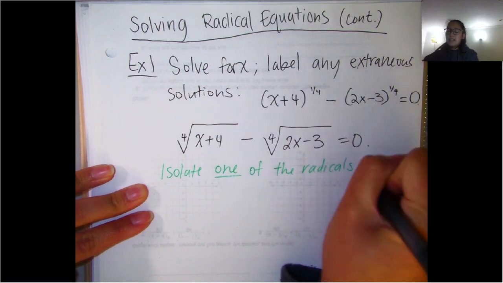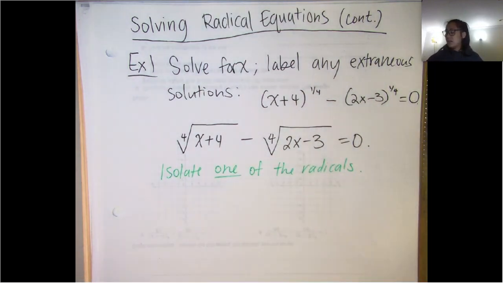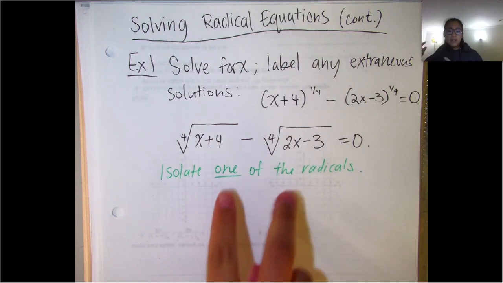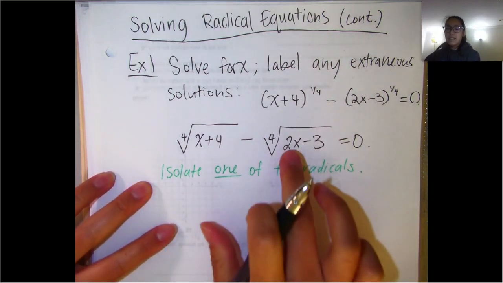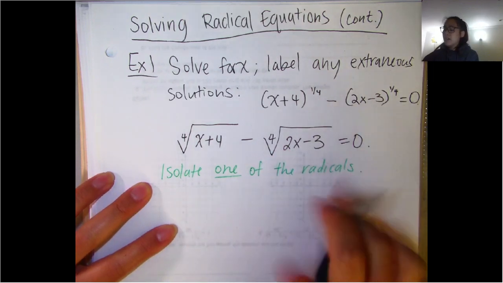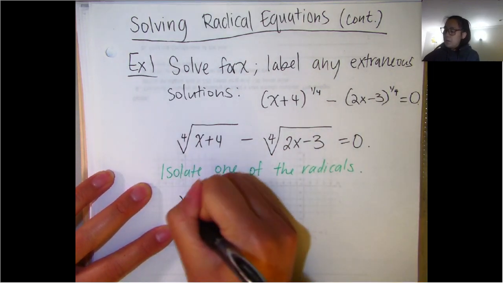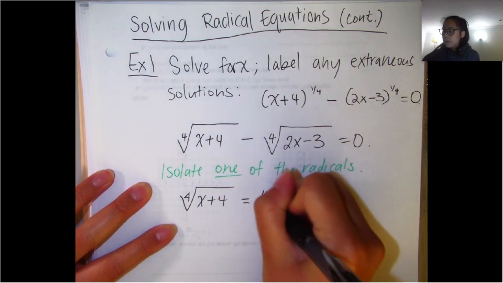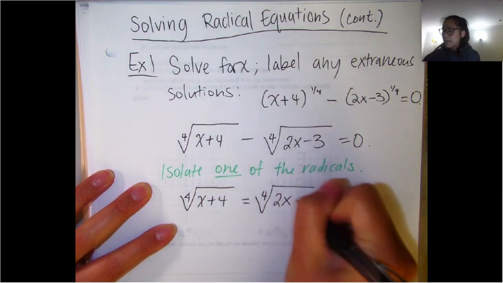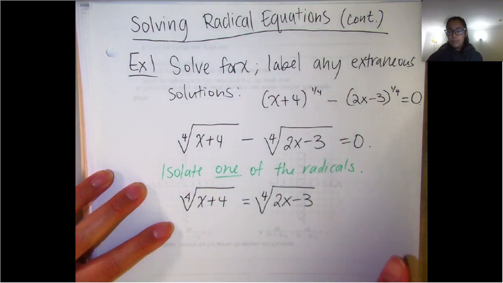It works out nicely here because it's equal to 0, so when you isolate one of the radicals, you actually end up isolating both. We'll add this entire radical to the other side. So we have the fourth root of x plus 4 equals the fourth root of 2x minus 3.